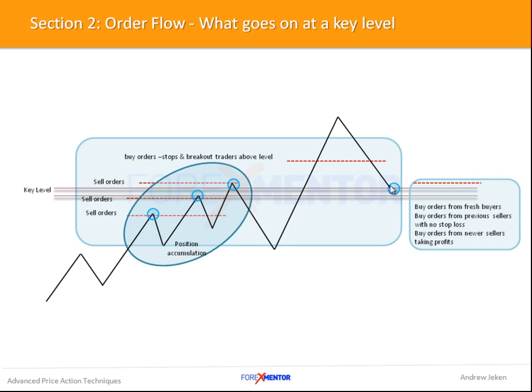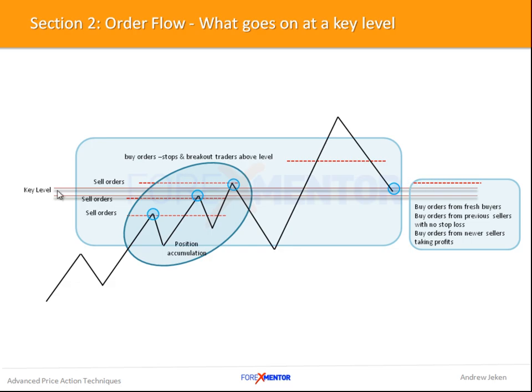So there again, you've got buy orders from those sell orders here, and then you've got buy orders from newer sellers taking profit. If there was a key area of resistance up here, for example, and we had sellers coming to the market, they need to buy back that position. So once again, you've got accumulation of buy orders at this area.